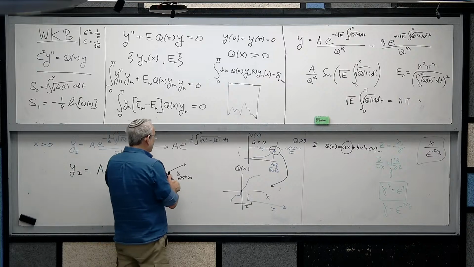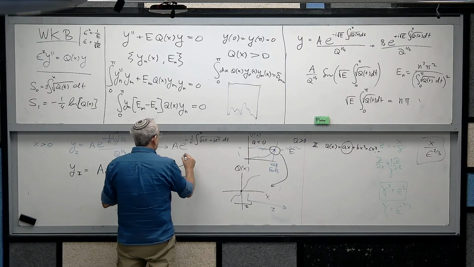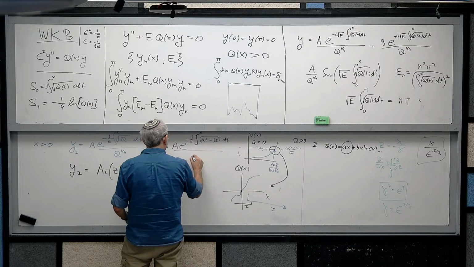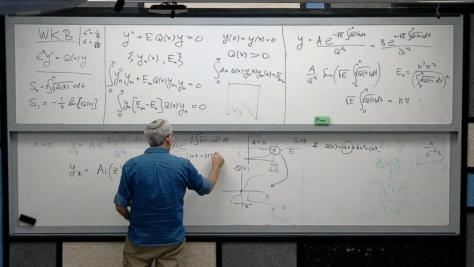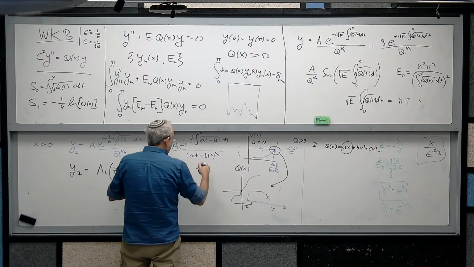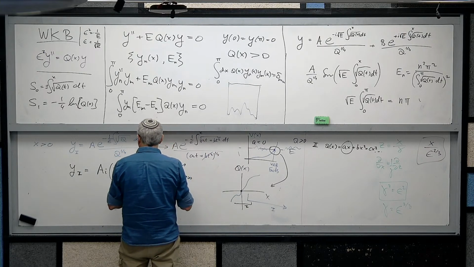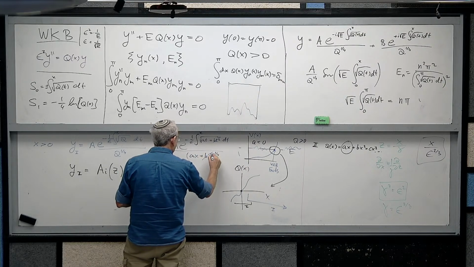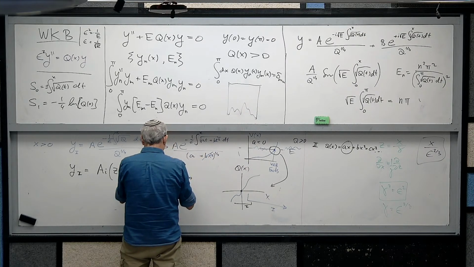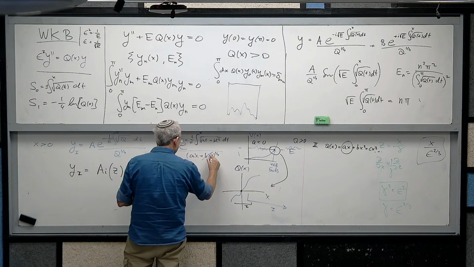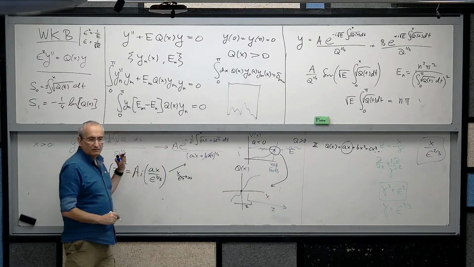And we have to divide this by, again, q to the 1/4, which is at plus bt squared to the power of 1/4. Here it's not t, but ax, ax plus bx squared to the power of 1/4.